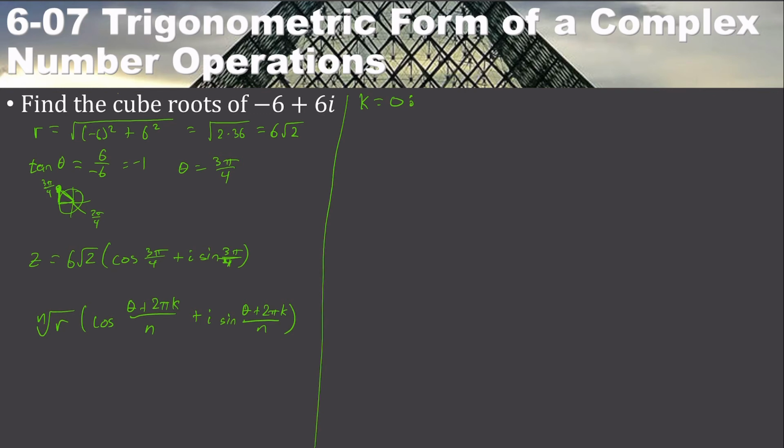I want the cube root, so n is 3. So I want the cube root of 6 square root of 2 times cosine of, my angle is 3 pi over 4 plus 2 pi k, k starts at 0, and n is 3.